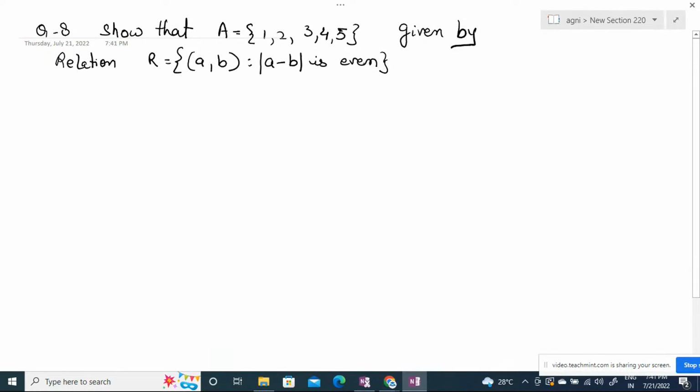Show that R is an equivalence relation. Now what is an equivalence relation? Any relation which satisfies all three conditions, reflexive, symmetric and transitive, is an equivalence relation. Here I am going to solve this.